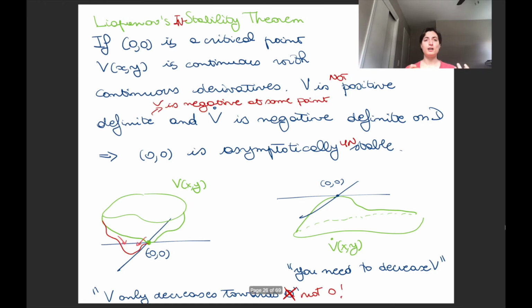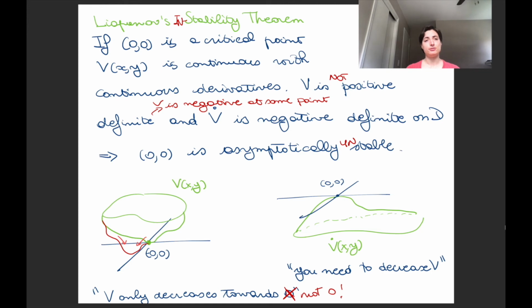Yes. Think of a similar situation as before, but instead of v having a ball that stops at 0, it actually continues further down somewhere else. Then v dot telling you that v needs to decrease will actually tell you that you have to go through 0 and keep going.